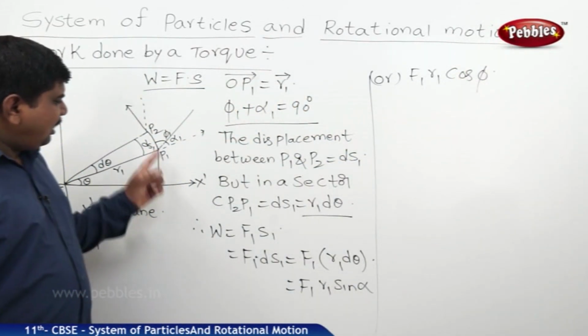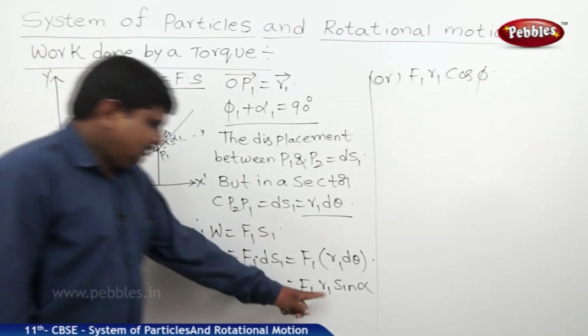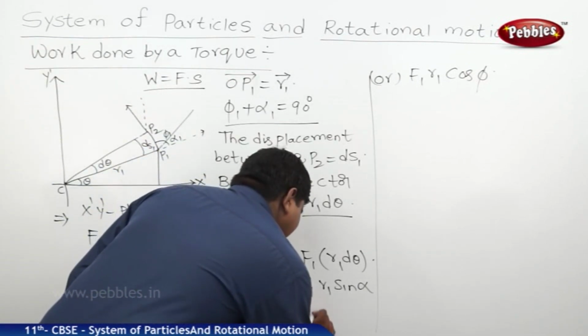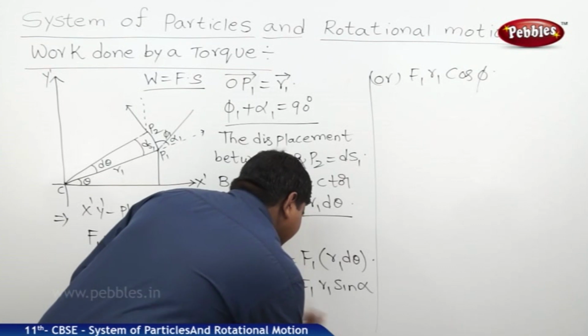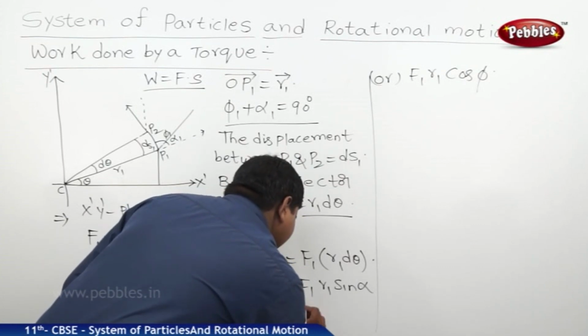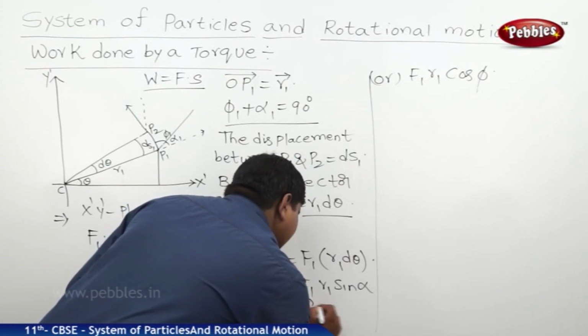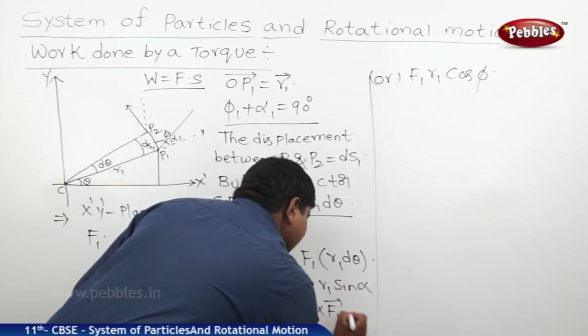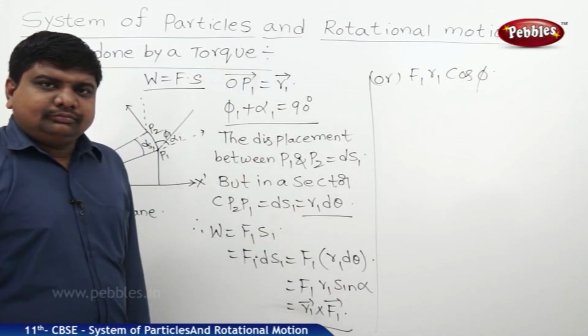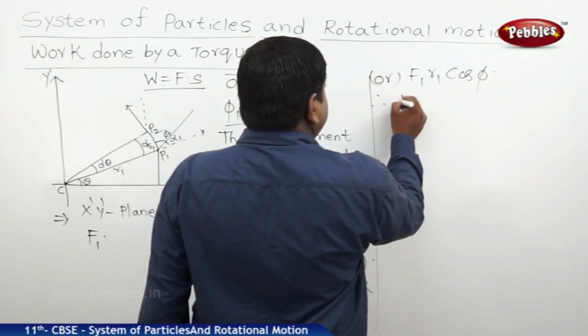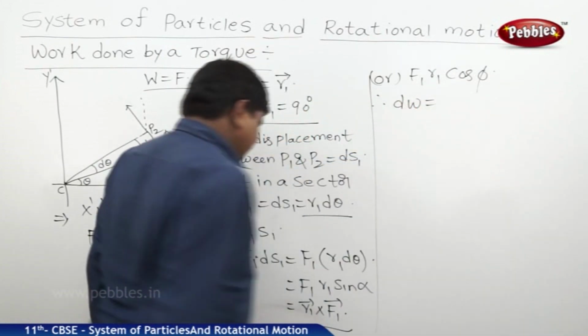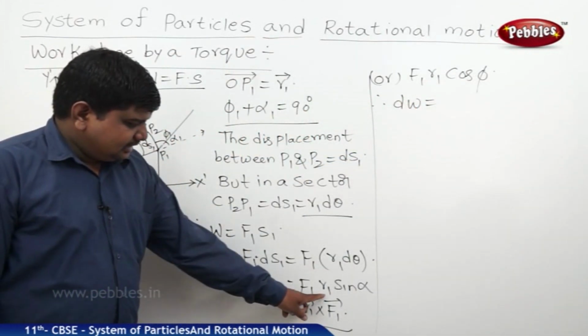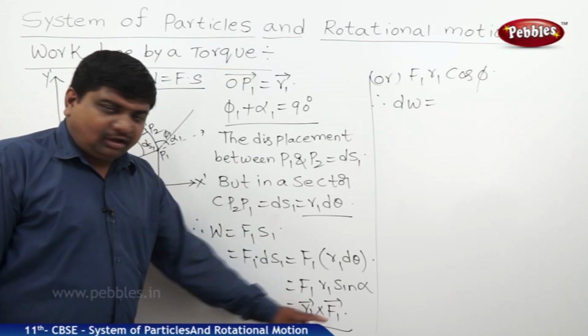In case alpha is the propagation angle, we can write this as r1 cross F1. So work done dW is equal to this r1 cross F1, which is also called torque.